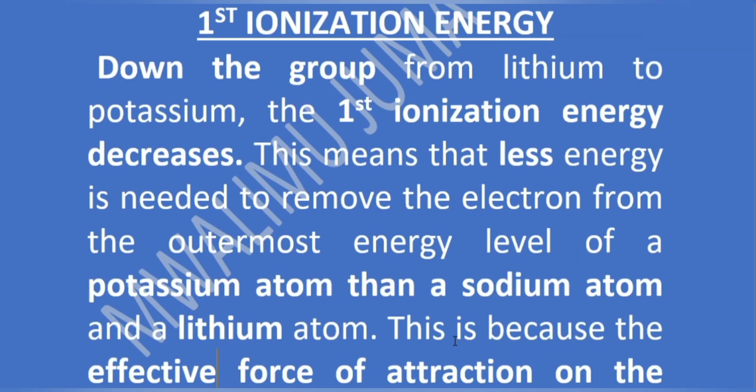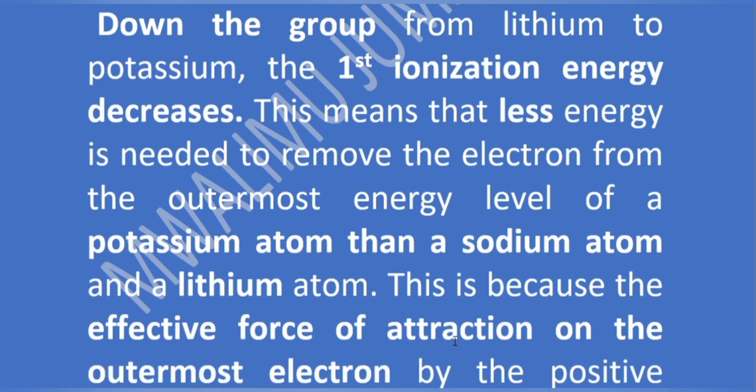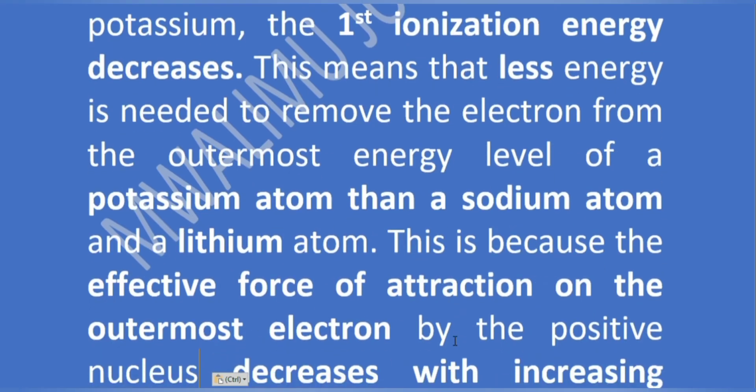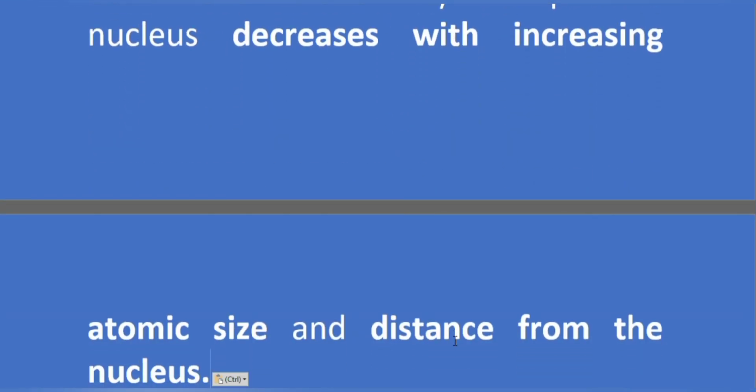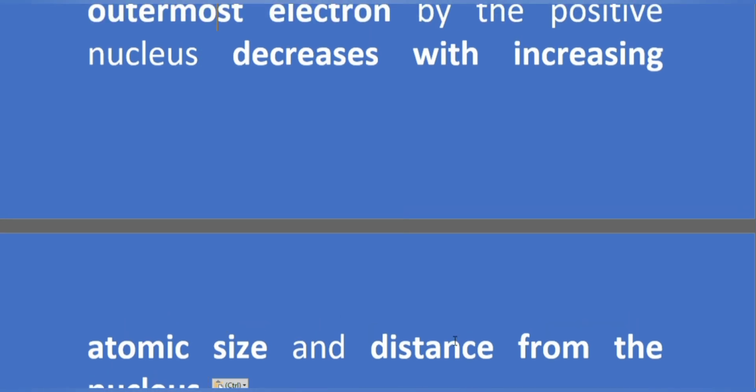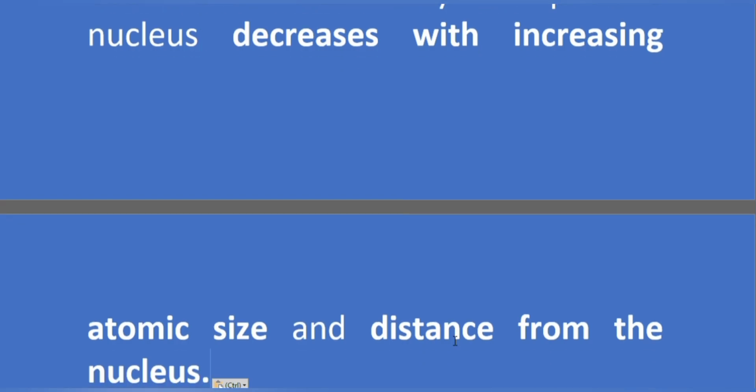Now, first ionization energy. Down the group from lithium to potassium, the first ionization energy decreases. This means that less energy is needed to remove the electron from the outermost energy level of a potassium atom than a sodium atom and a lithium atom. This is because the effective force of attraction on the outermost electron by the positive nucleus decreases with increasing atomic size and distance from the nucleus.